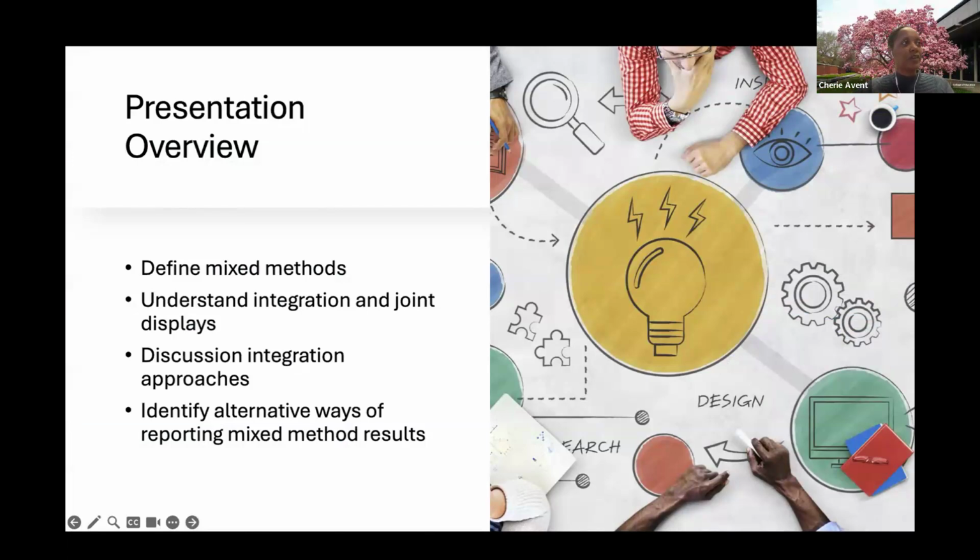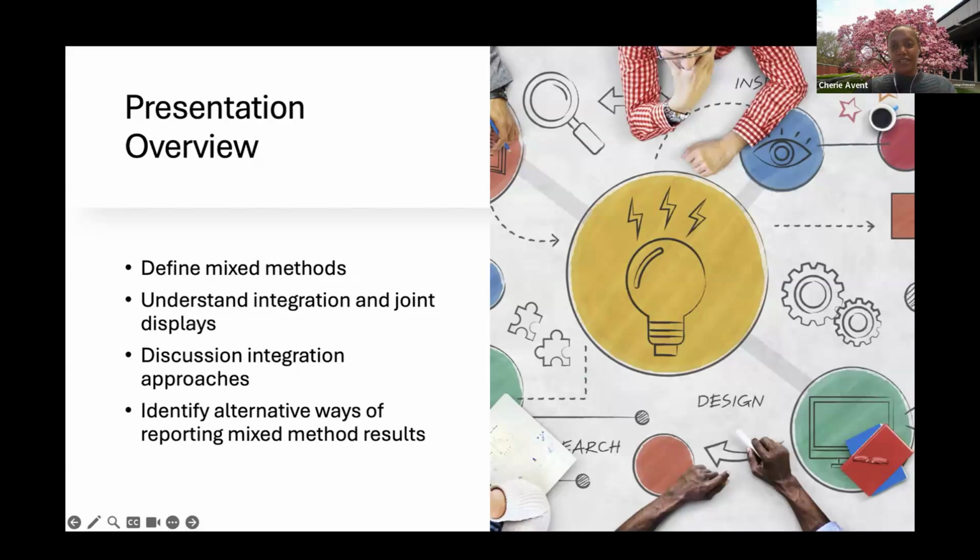And then talk about some integration approaches for when conducting a mixed methods study. And then lastly, diving a little bit into some alternative ways of reporting mixed methods results, specifically some arts-based approaches for our work. As Samantha said, if you do have questions, please feel free to add them in the chat or to signal as we are going along today.